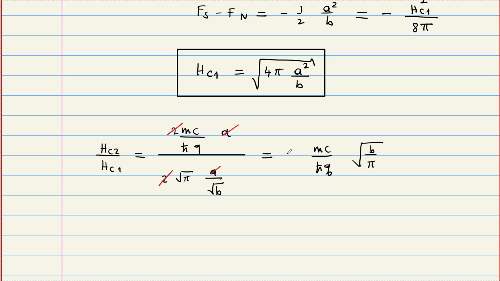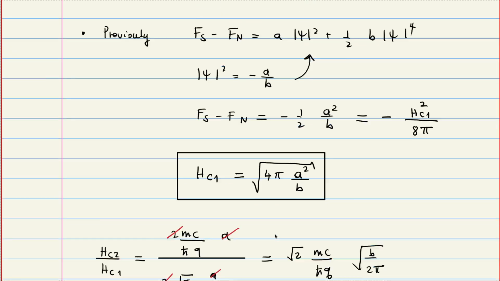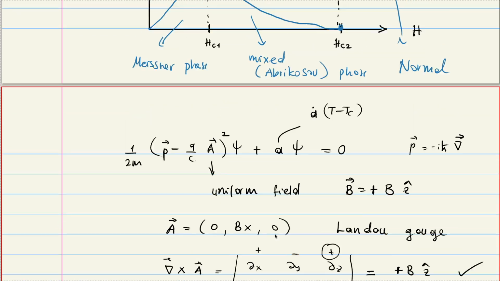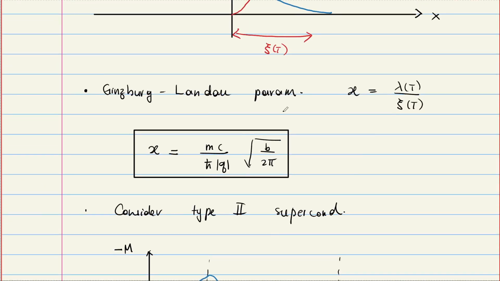I want to multiply this with root 2 and write 2 pi. I look at this equation and go back. Where did I find it? Okay, here. Let's compare it with this, which we called the Ginzburg-Landau parameter, lambda divided by xi.